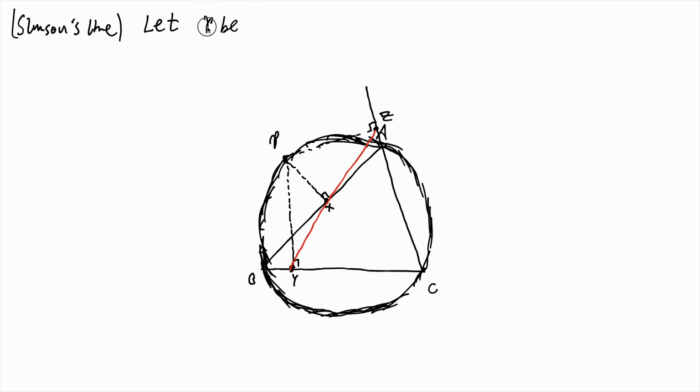Let P be a point, and let there be a point P and triangle ABC on the same plane.